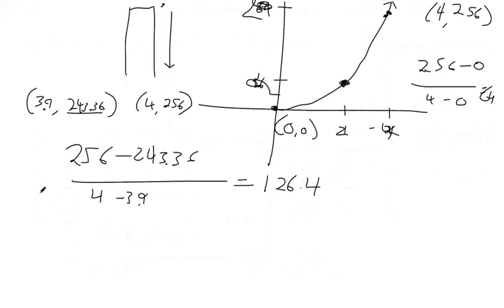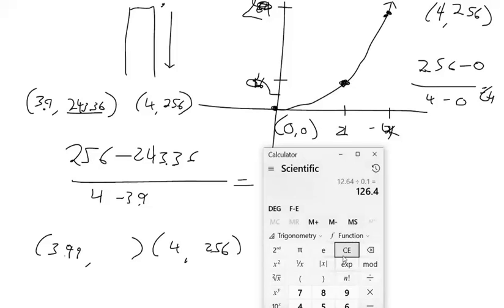Now pick a point that's a little bit closer. Pick 3.99, and then we'll find how far we've traveled. If you plug 3.99 into our equation that tells us how far we've traveled, you've gone 254.72 feet.